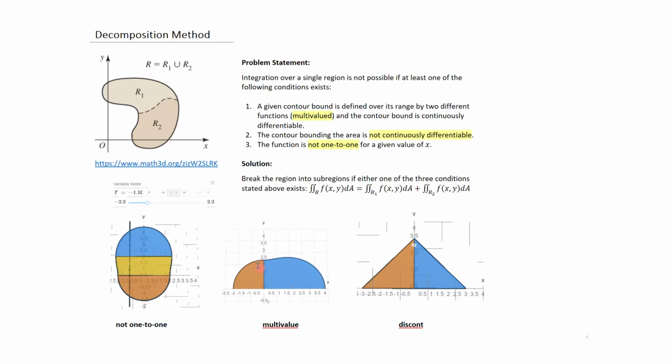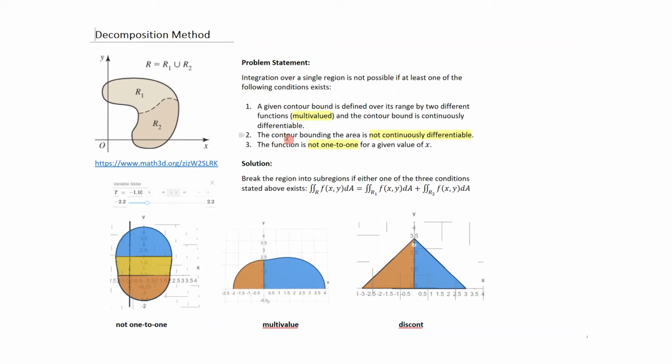However, if we were to look at the derivative of the function and look at the slope in this region and the slope in this region right at this dividing line, the slopes would be the same. So we would say it's continuously differentiable. So in this case, we would have to treat this as one region because the functional expression for this bound is not the same as the functional description for this bound.